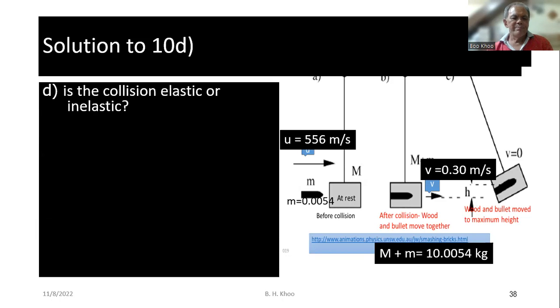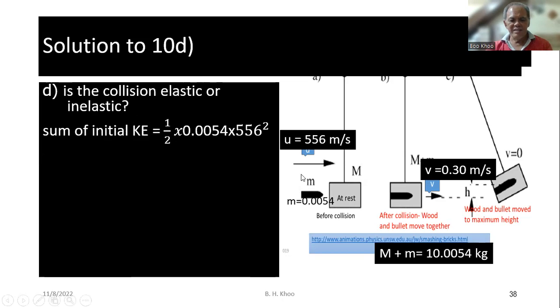Is the collision elastic or inelastic? The only way to find whether it's elastic or inelastic is to calculate the kinetic energy before the collision and the kinetic energy after the collision. The initial kinetic energy is just the bullet, half mass of bullet times the speed of the bullet squared.